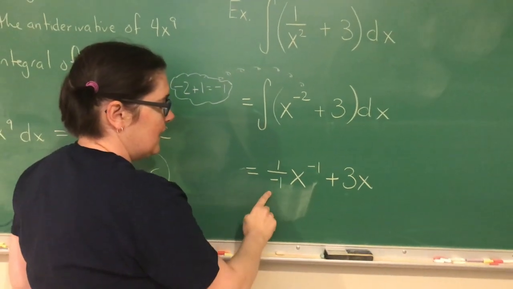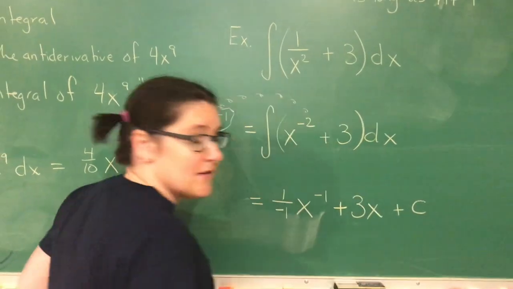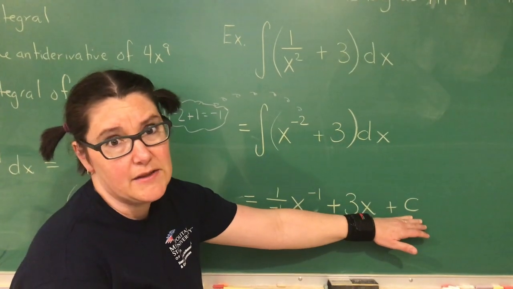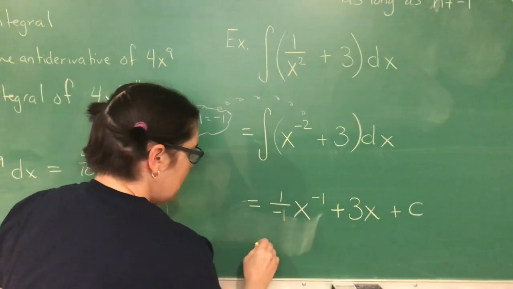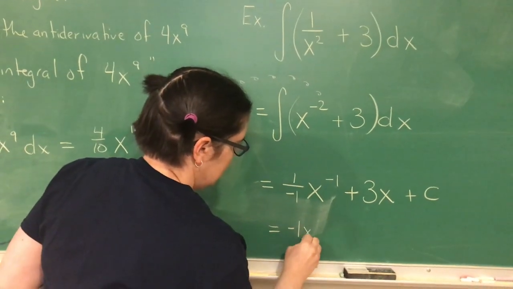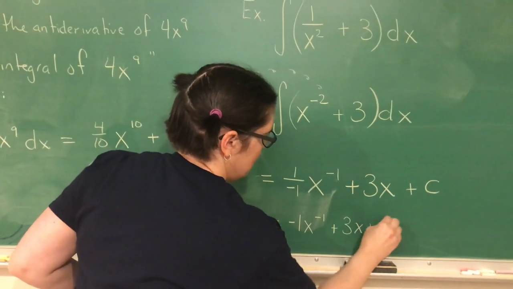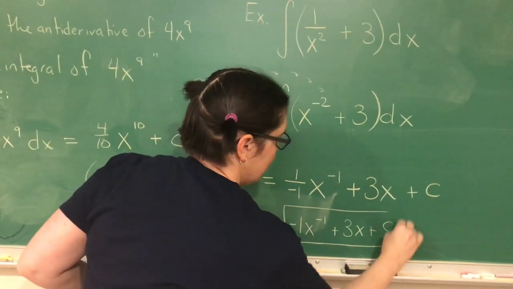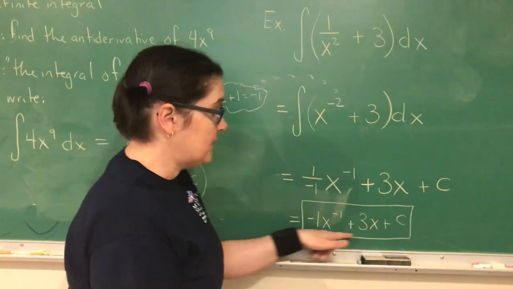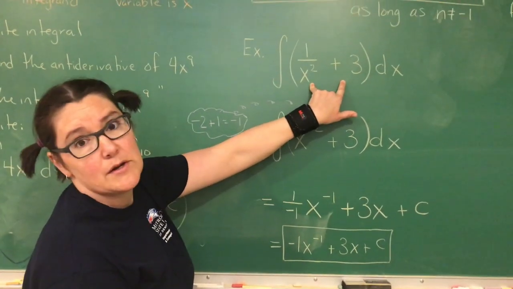So I have 1 over -1 x to the -1 plus 3x plus some constant, because I don't know if the original function had some number added on the end. Okay, so I can leave it as this, or 1 divided by -1 is -1. So we have -1x to the -1 plus 3x plus c. And this is our final answer. This says that if you take the derivative of this function inside the box, you will get 1 over x squared plus 3.